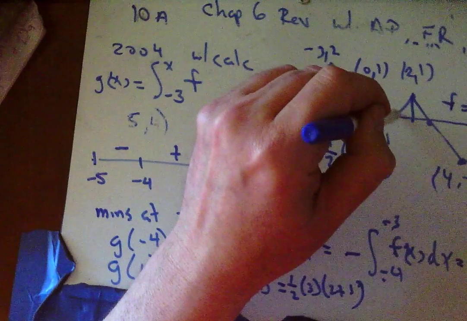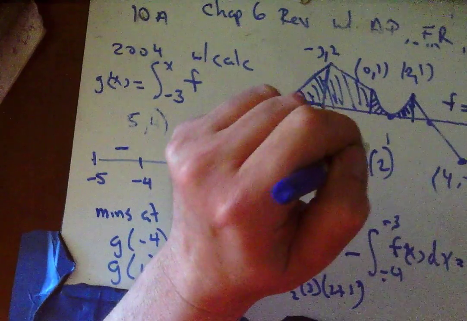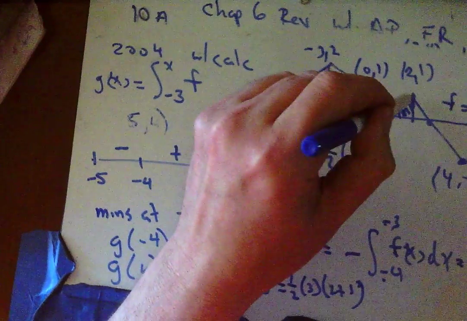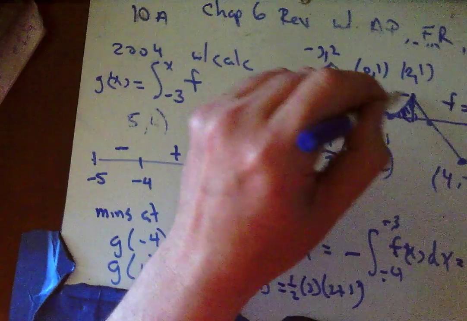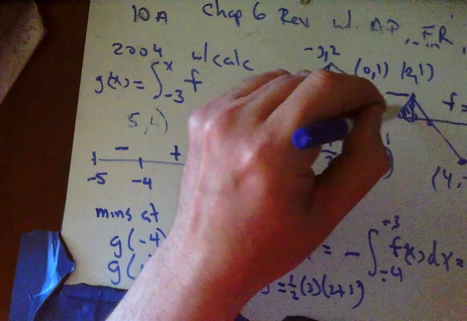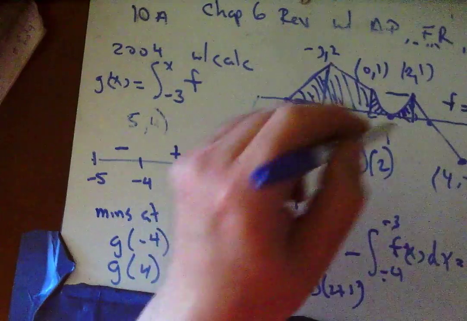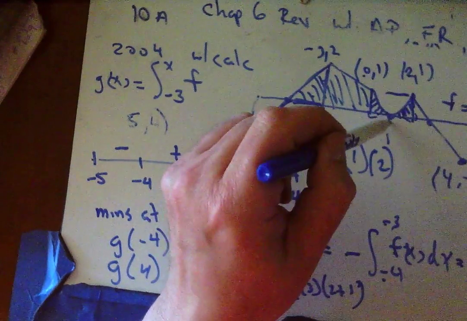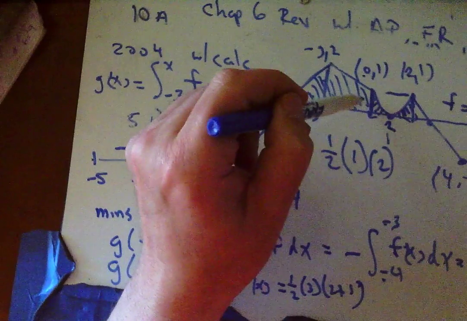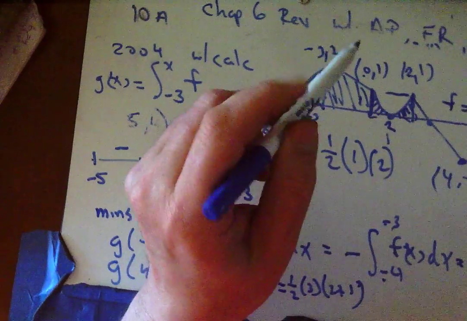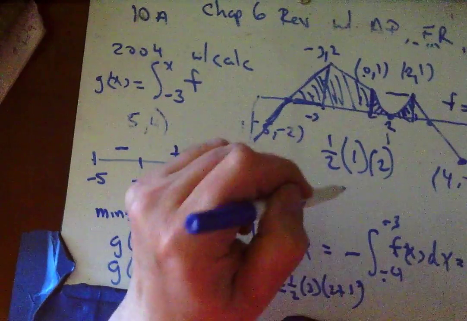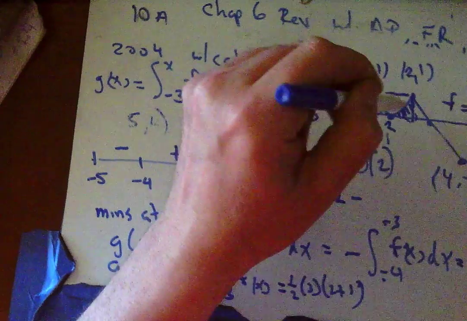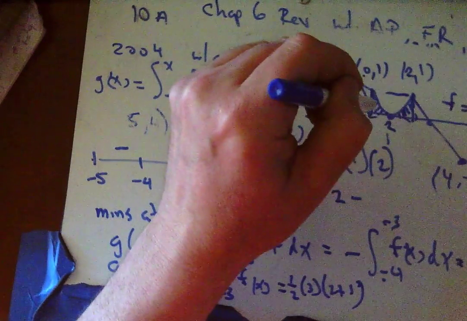My integral here would be great, but I don't want to integrate that. Instead, I want to think about this rectangle minus this semicircle. The area of the rectangle, which starts at 0 and ends at 2, this is 2. The height is 1. 2 times 1 is 2. So I know that's 2 minus, we've got to take away the semicircle.